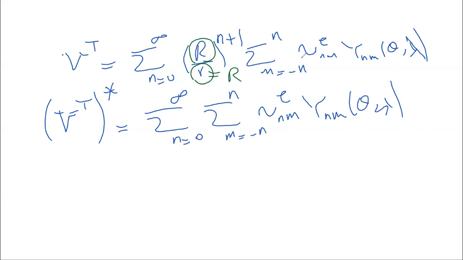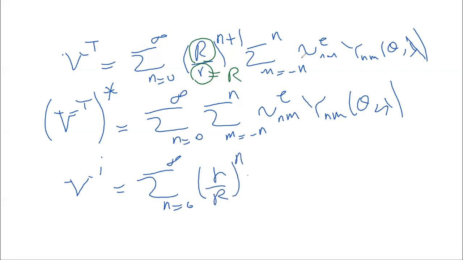Now we look at the internal one. Very similar formula. If you remember, it was r over R to the n, summation m from minus n to n, V_nm internal, Y_nm. And I want this one to be at the surface of the sphere as well.